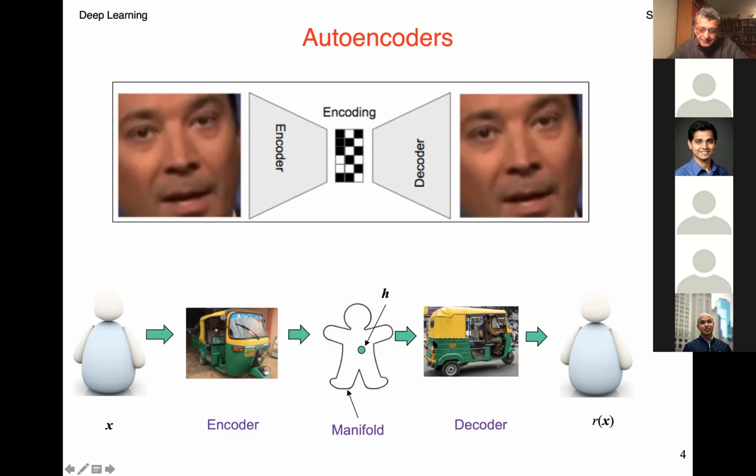It takes the flattened individual and creates a three-dimensional person again. That's the reconstruction, r of x. So X goes to r of x. This is the terminology of autoencoders. We go from X to an embedding on a manifold, and from an embedding on a manifold to r of x, and then this embedding itself, or this manifold itself, is the subject of interest here.